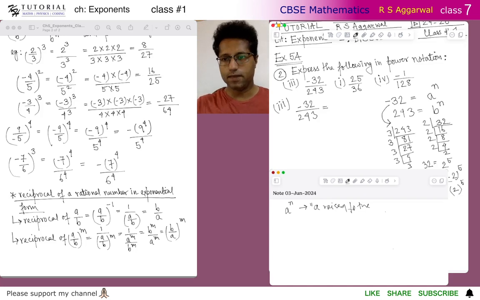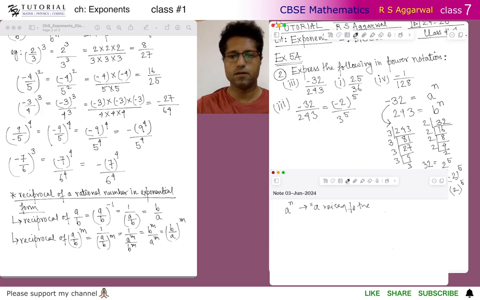So we have found a. This is nothing but minus 2 to the power 5, and 243 is 3 to the power 5. So this equals minus 2 divided by 3, the whole raised to the power 5.